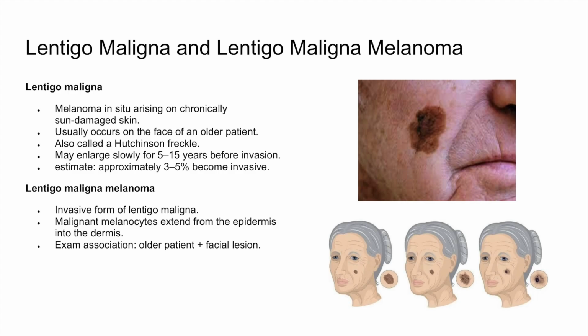Overall, estimates suggest that fewer than 5% become invasive, although risk is higher in larger, long-standing lesions. Once malignant melanocytes cross the basement membrane and extend into the dermis, the diagnosis becomes lentigo maligna melanoma. The classic exam presentation is an older patient with a slowly changing irregular pigmented facial lesion on chronically sun-exposed skin.